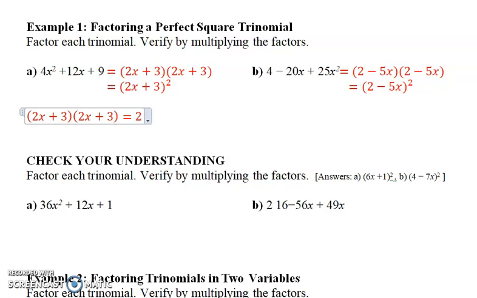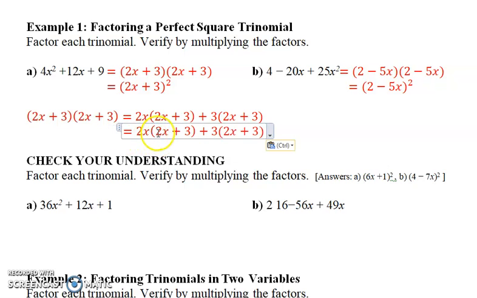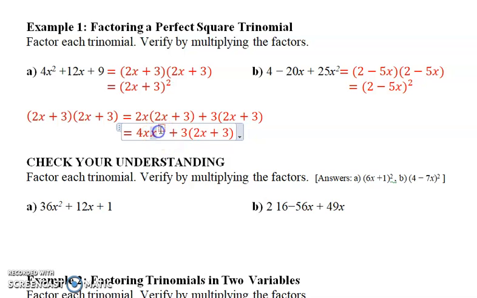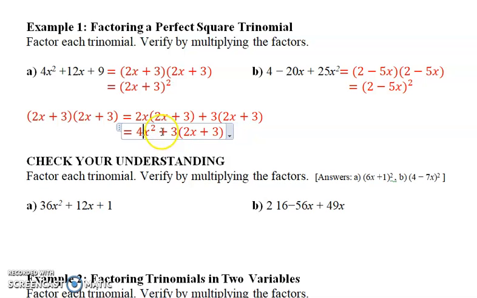The 2x gets multiplied by the 2x plus 3, and the 3 gets multiplied by the 2x plus 3. 2x times 2x gives us 4x squared, and then 2x times 3 gives us plus 6x. 3 times 2x gives us 6x, and 3 times 3 gives us 9.